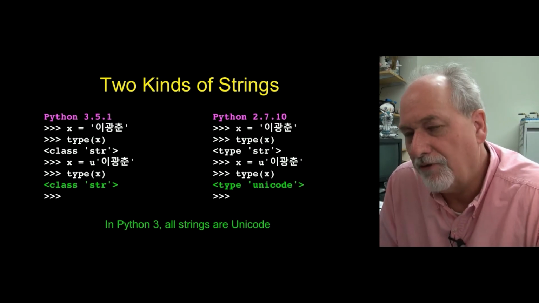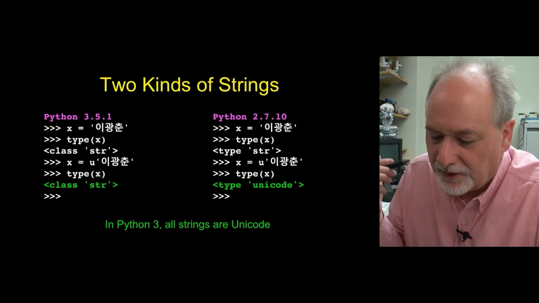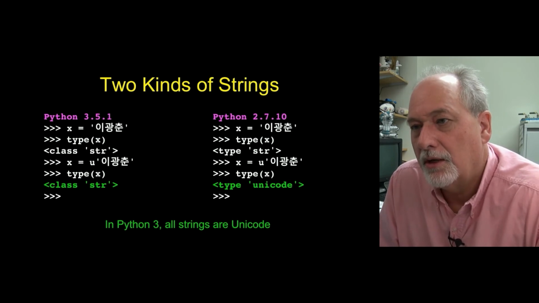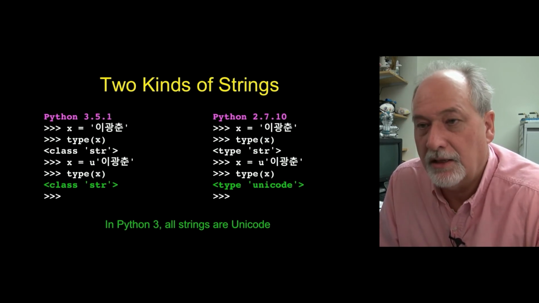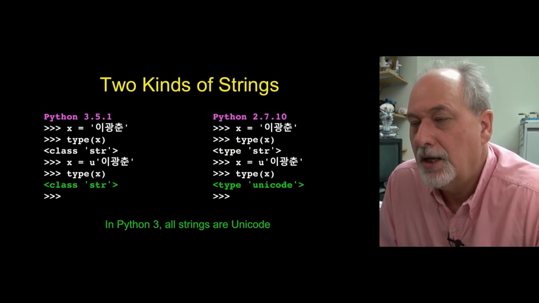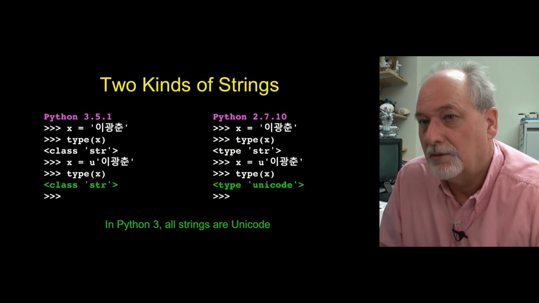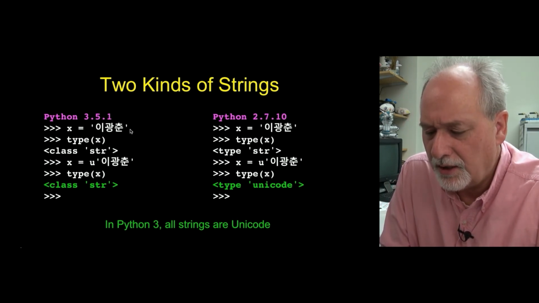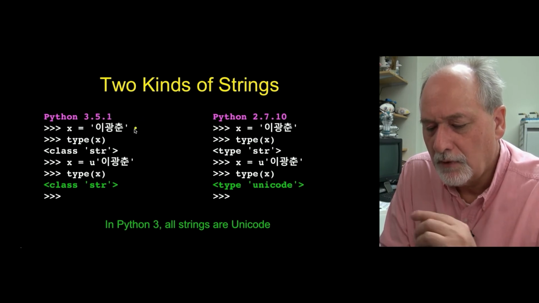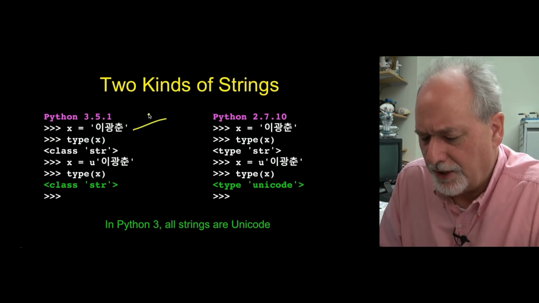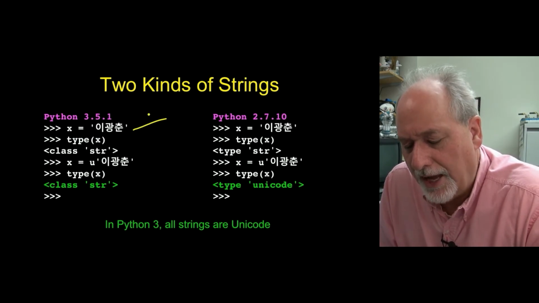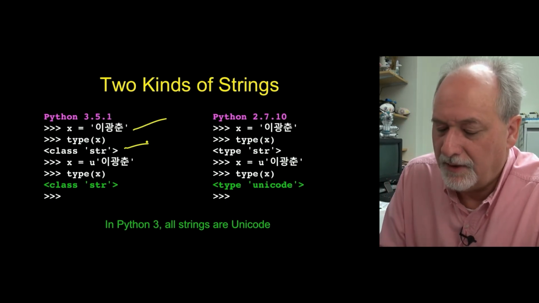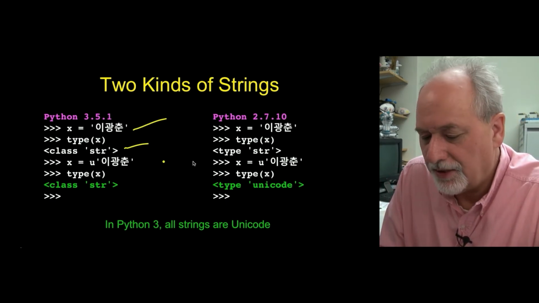If you're going from Python 2 to Python 3, and we'll talk about this a little later when it matters more, luckily we're in Python 3, and one of the big things about Python 3 is that all the internal strings are Unicode. In Python 2, there was some confusion as you went between strings. Here I'm putting some Asian characters, Korean actually, into x, and then I say what kind of a thing this is, and that is a string.